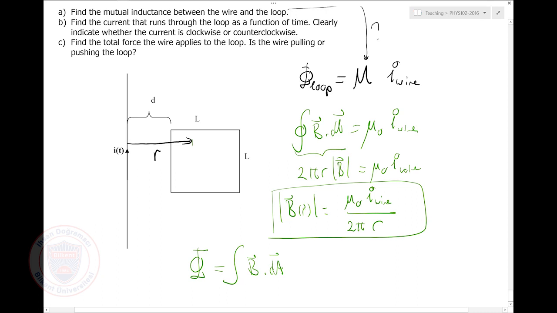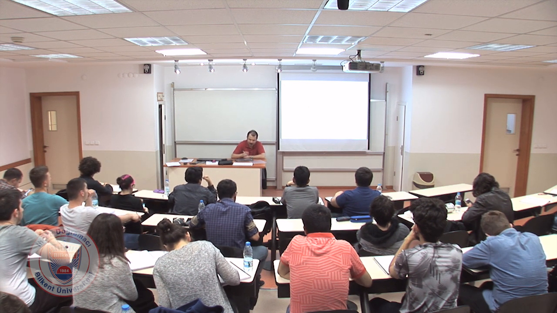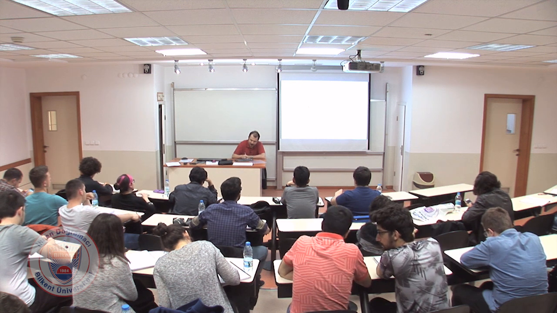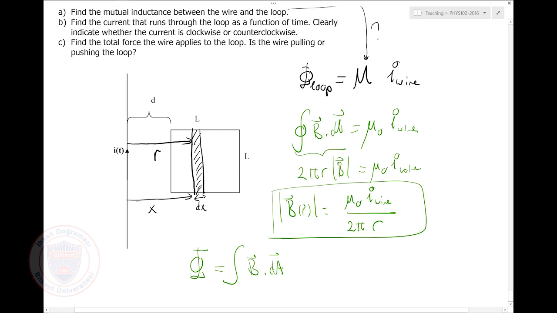Essentially, what I need to do is take small sections where the magnetic field is constant and calculate the small flux through that section. Let's say the distance here is x and the thickness of this small section is dx.